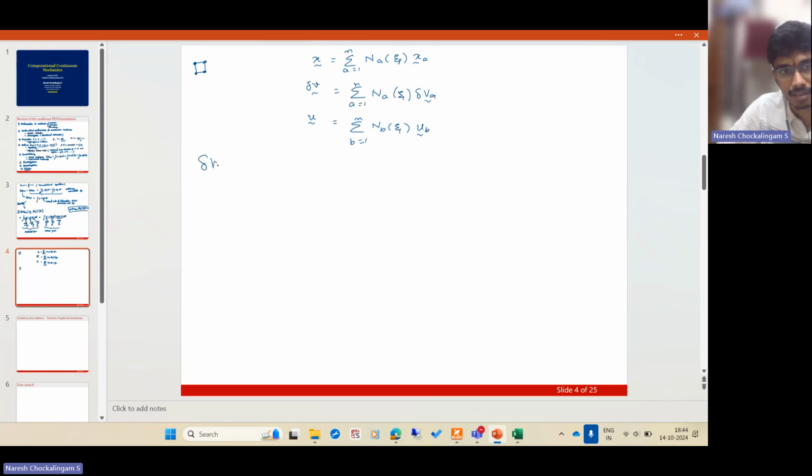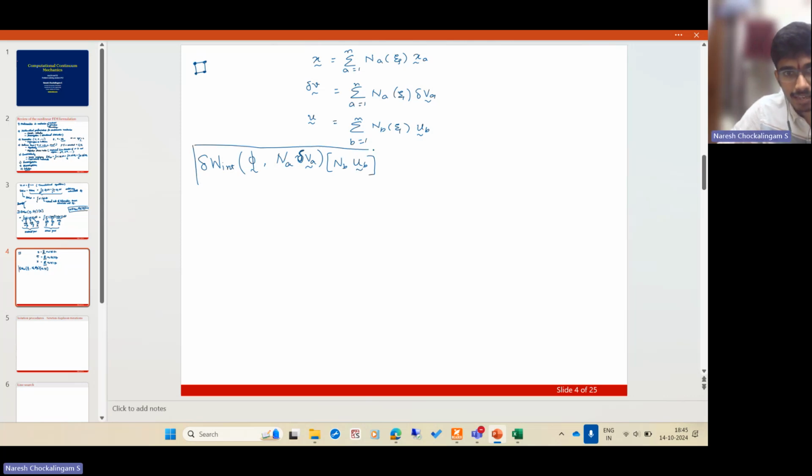If you look at del W internal, it takes in two arguments. One is the current configuration, which is also discretized, but we don't need to look at it right now. And the virtual velocity field, but for the virtual velocity field, look at only the NA del VA component, in the direction U, but you can write it as NB UB.